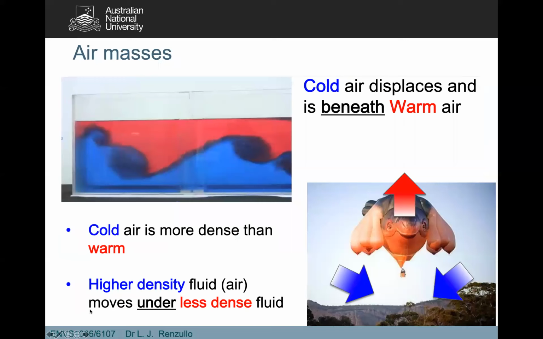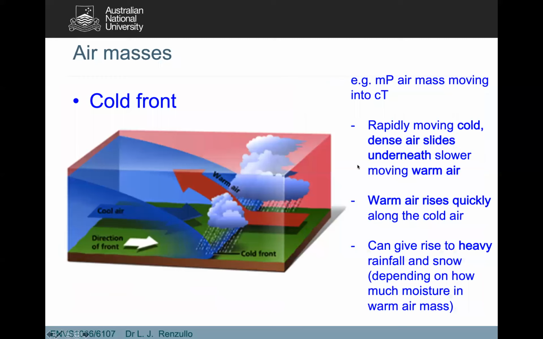So cold air displaces the warm air. Cold air is more dense than warm, so the higher density fluid moves under a less dense fluid, lifting up that warm air and creating convergence of airflows.